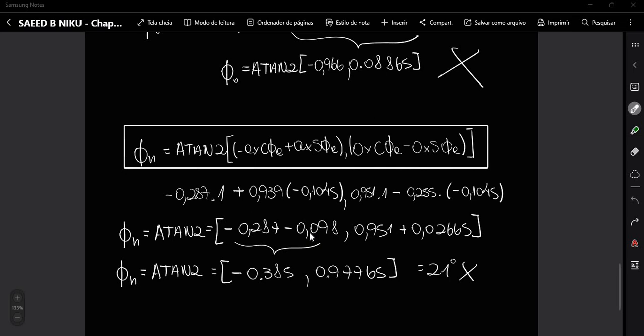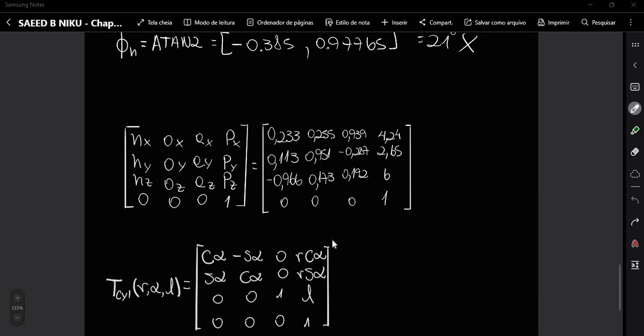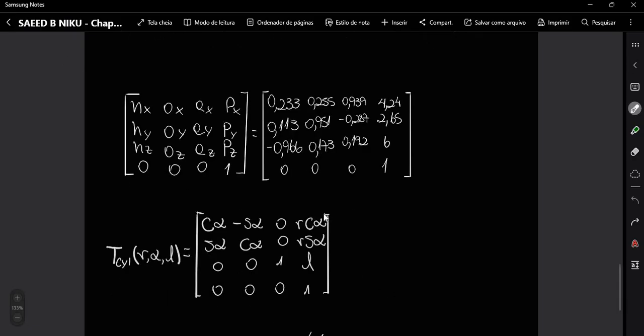As you can see, AY, OY, and right here also I was just being lazy and I used this matrix of the Cartesian coordinate system.